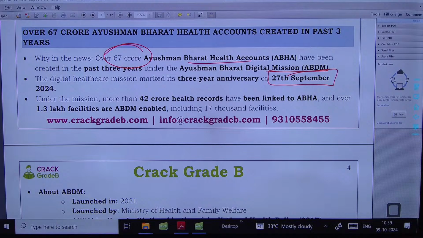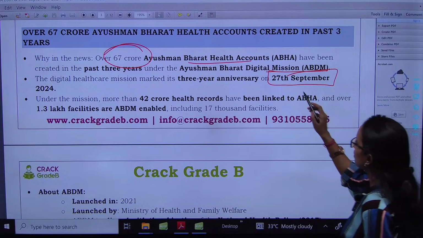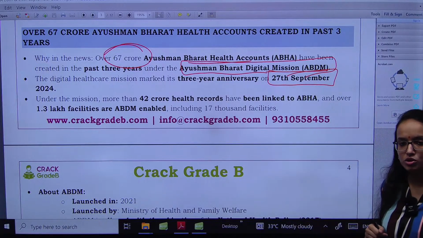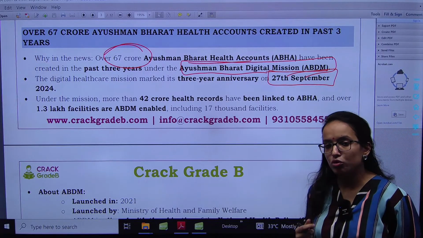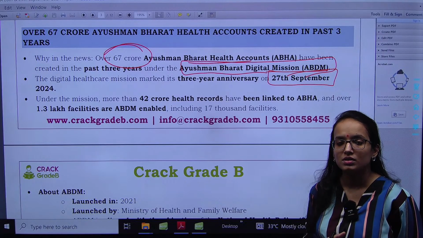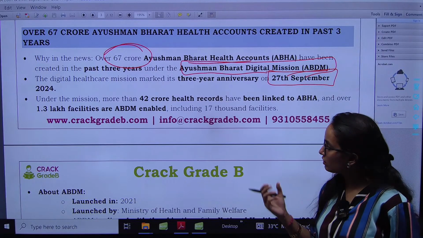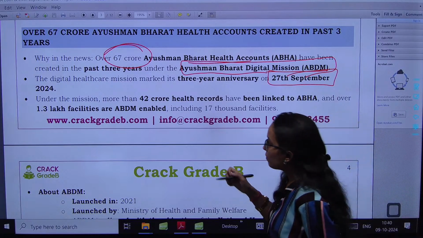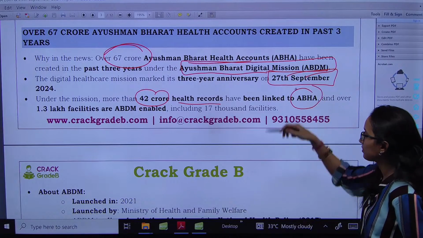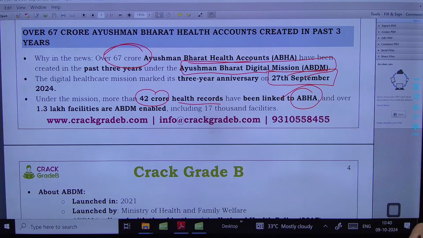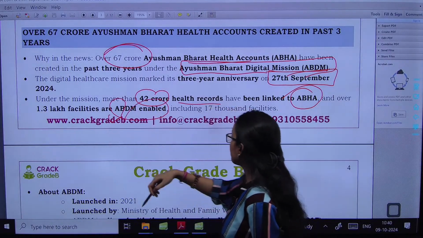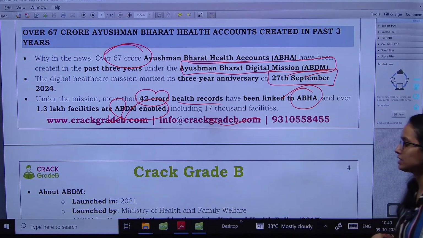Under this Ayushman Bharat Digital Mission, which aims to provide healthcare services to the maximum population, taking advantage of digital solutions, more than 42 crore health records have been linked to Aadhaar. And over 1.3 lakh facilities are ABDM enabled, including 17,000 facilities.